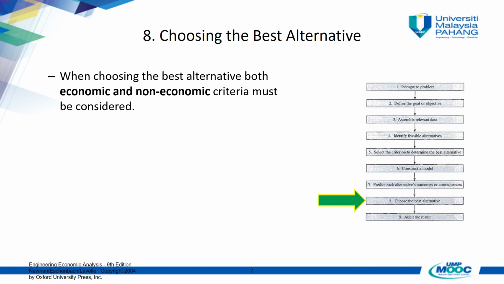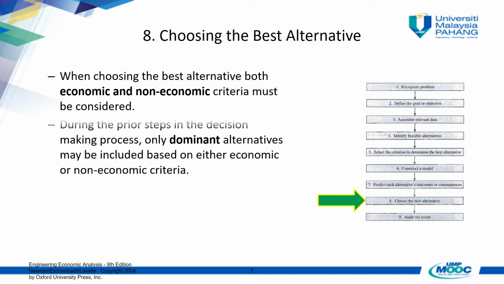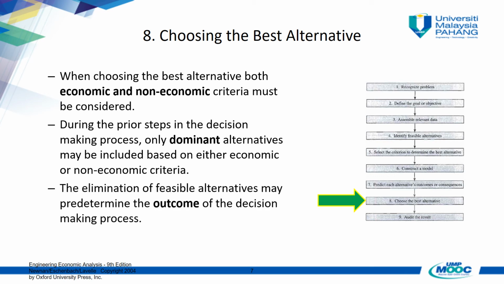When we choose the best alternative, we must consider both economic and non-economic criteria. During the prior steps in this decision-making process, only dominant alternatives may be included based on either economic or non-economic criteria. The elimination of feasible alternatives may predetermine the outcome of the decision making.